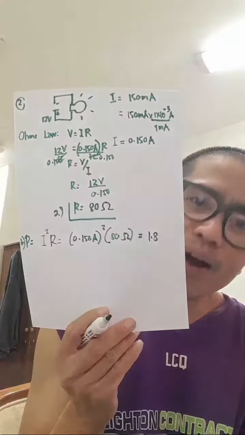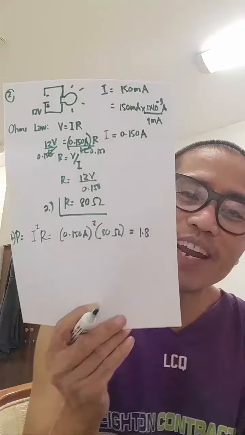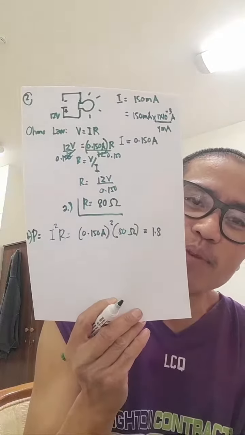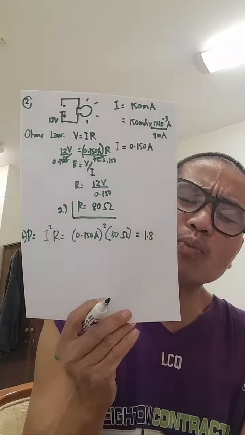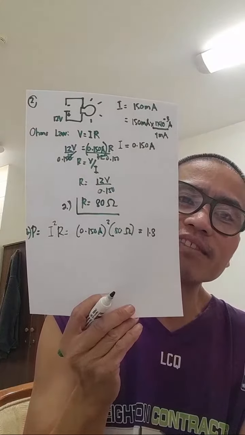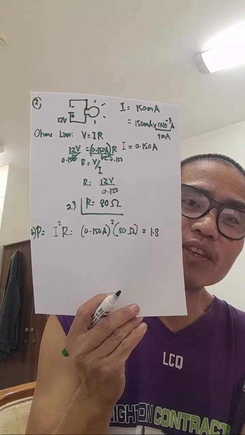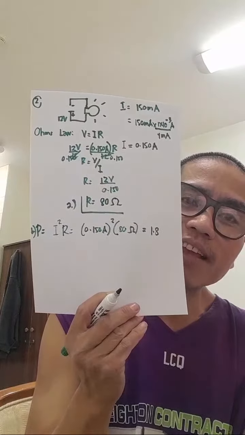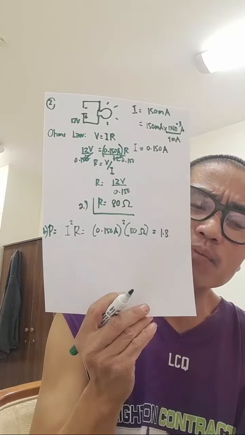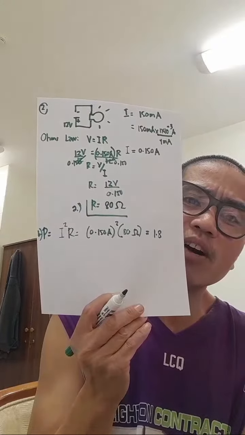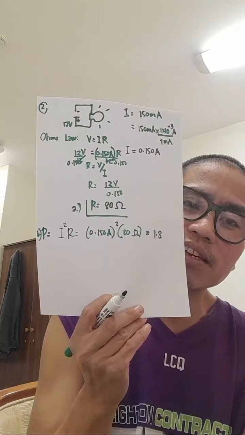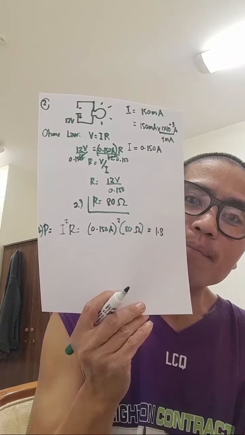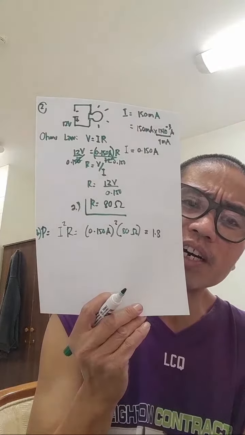So guys, this is the power of the electricity or electrical energy problem. We don't have to prove the unit. Actually, we can prove this also one by one, but it takes a very long time to prove why it will become watts. Imagine, ampere squared times ohms is equal to watts already.